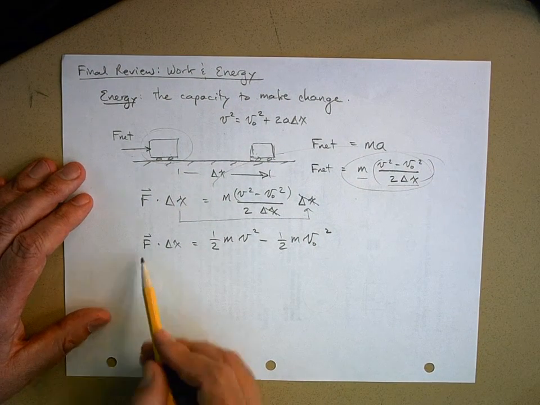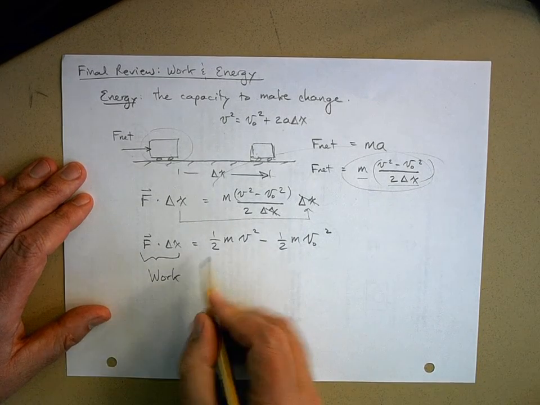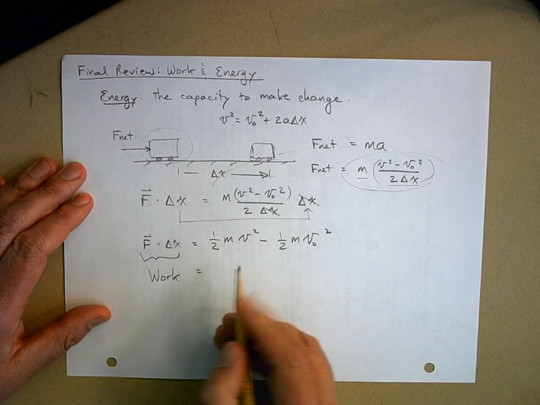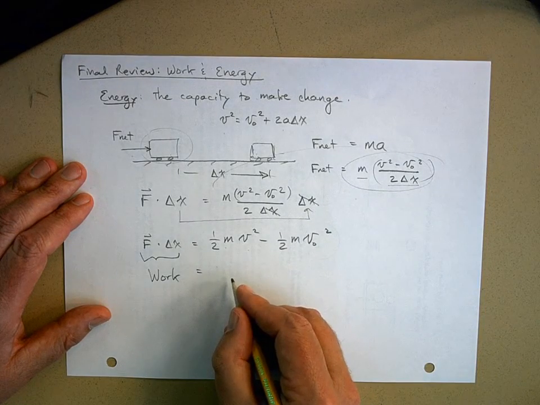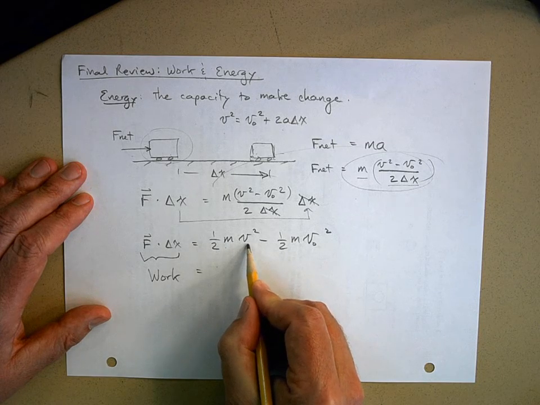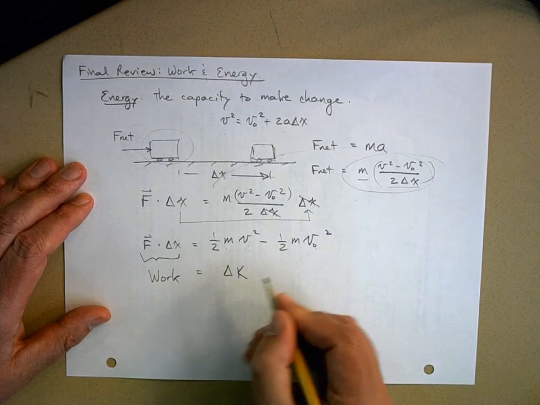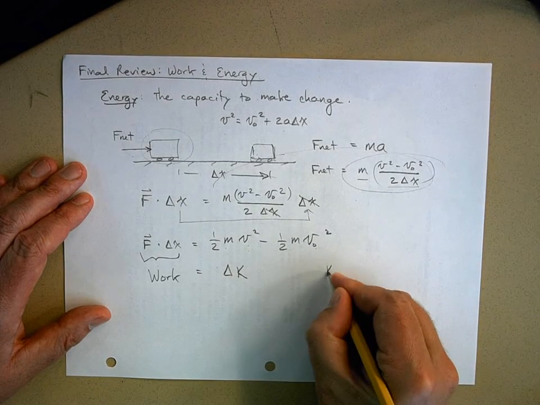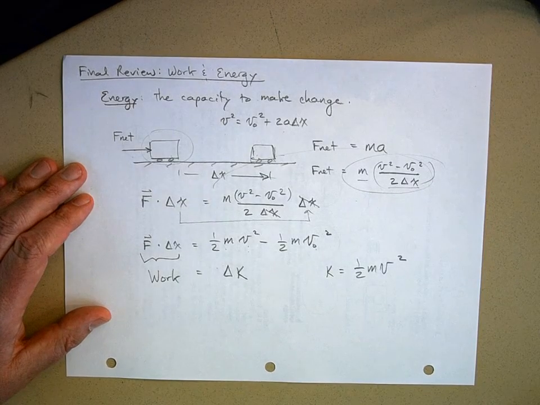But this product right here we call work. 1/2 mv squared we call kinetic energy. And since we have a final velocity and initial velocity, this is a change in kinetic energy, where kinetic energy is 1/2 the mass times the velocity squared.